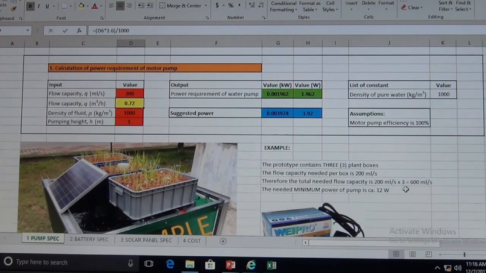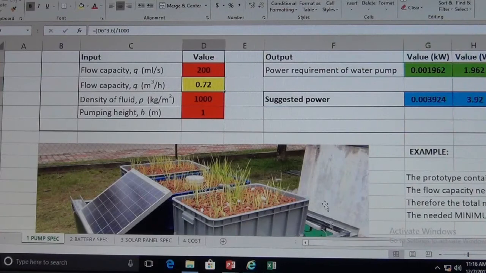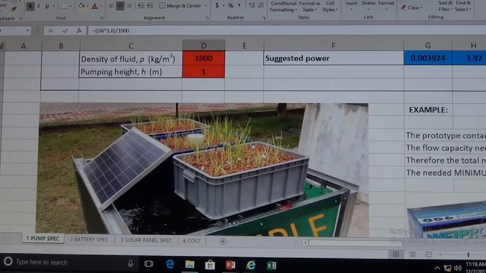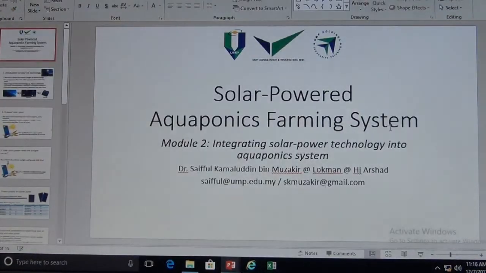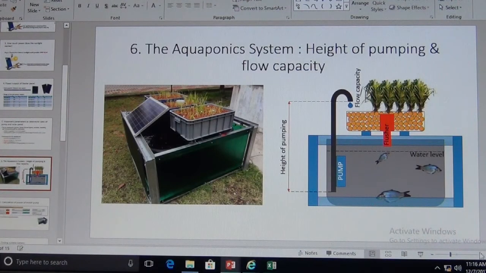How do we calculate the specification of the motor? It depends on these parameters: the flow capacity, the density of fluid, and the pumping height. The pumping height, as I mentioned yesterday, we need to refer to the prototype. For example, like this.